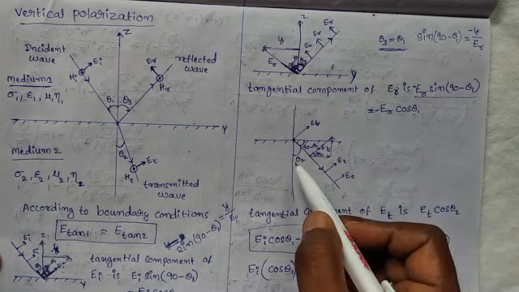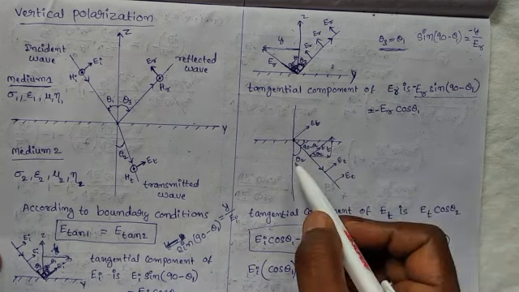Now we are drawing the line parallel to this boundary, the y axis. We are determining this component, which is Y. This angle is 90.